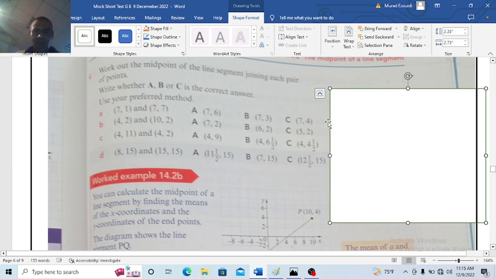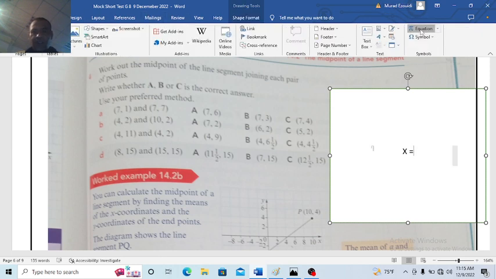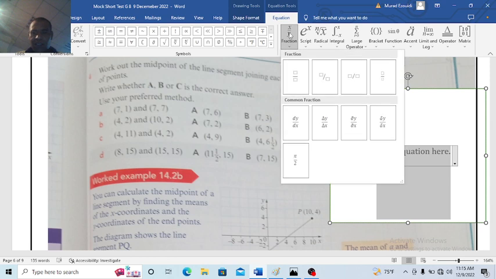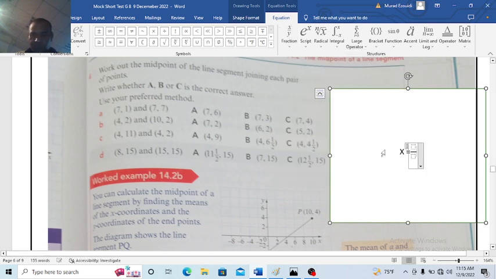To find the midpoint, you will make x coordinate equal to x1 plus x2, which is 7 plus 7, then divide by 2.